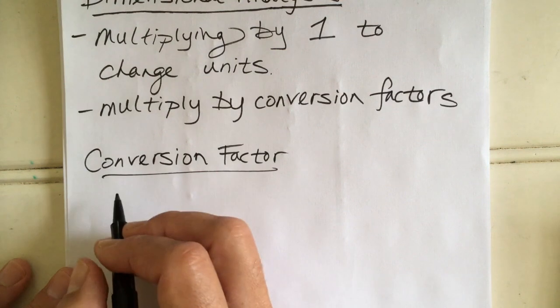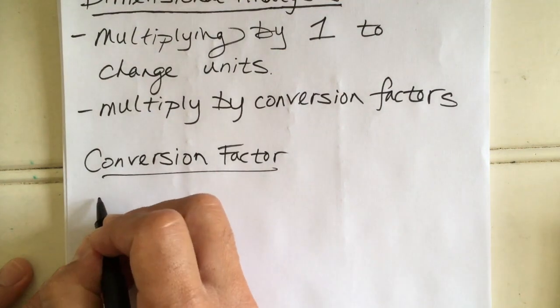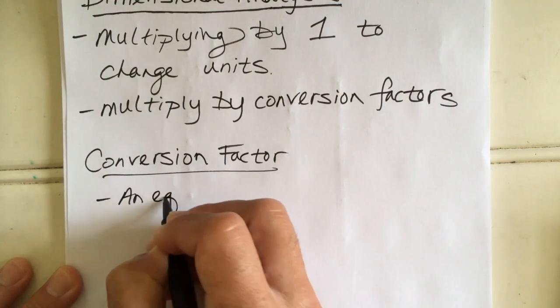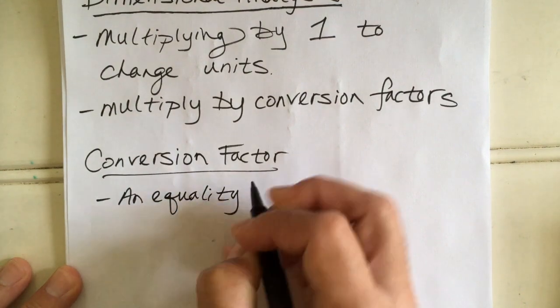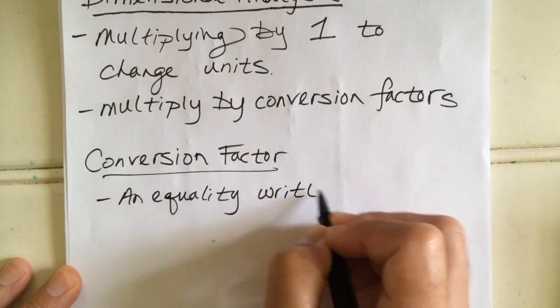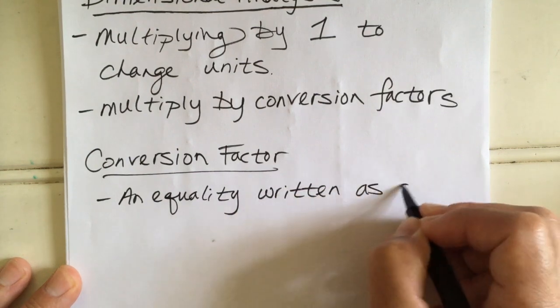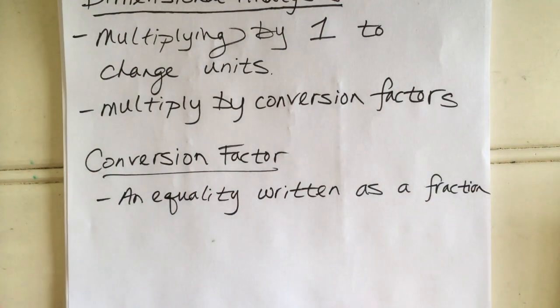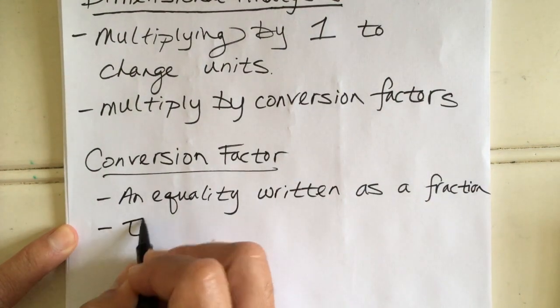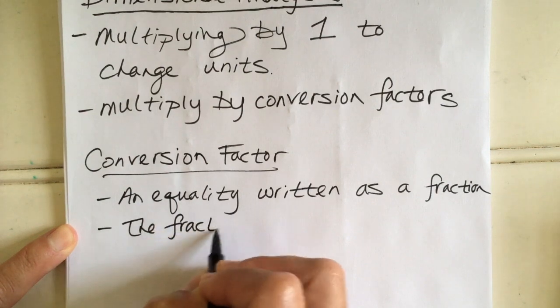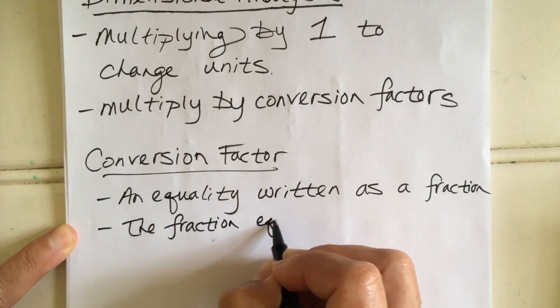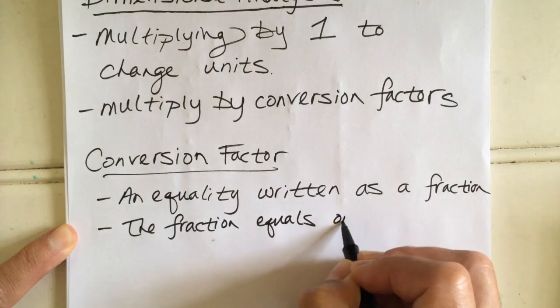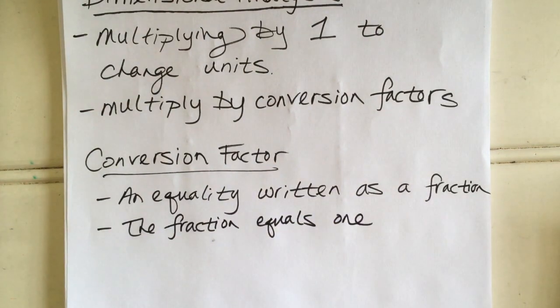A conversion factor is an equality written as a fraction, and the fraction equals 1. So we'll get a little practice here writing these conversion factors.